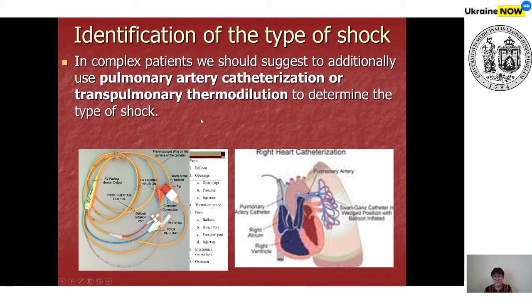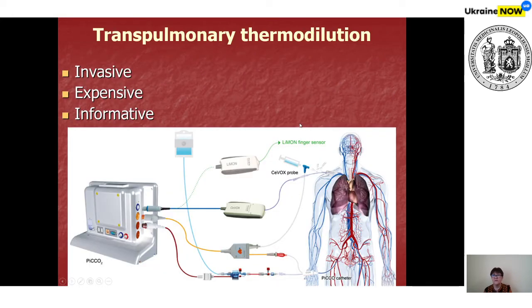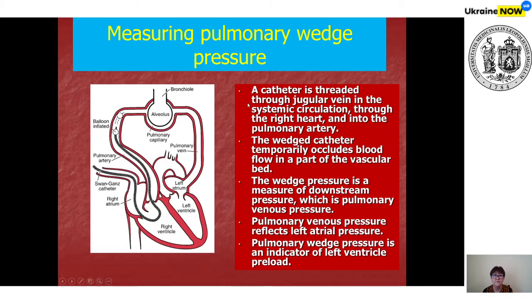In complex patients, we suggest additional use of pulmonary artery catheterization or transpulmonary thermodilution to determine the type of shock. Transpulmonary thermodilution is invasive. It needs placing 2 catheters in a central vein and femoral artery. Quite expensive, but quite informative.